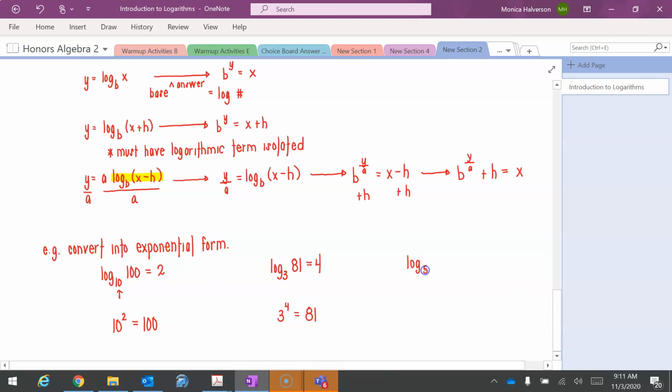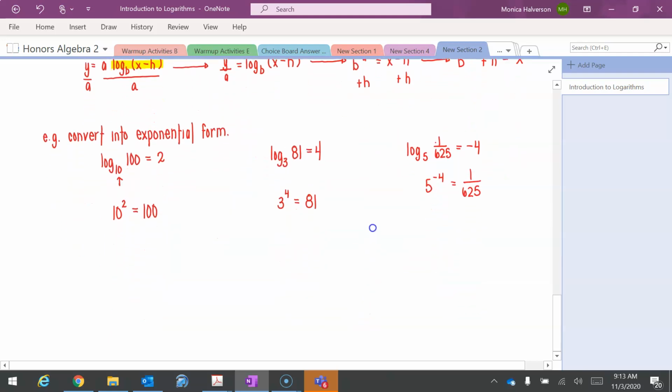Log base 5, 1/625 equals -4. If you did this correctly, the base raised to the answer equals the logarithmic number.